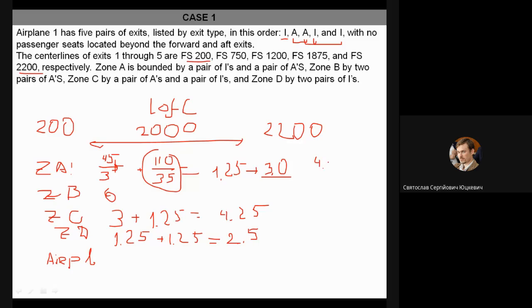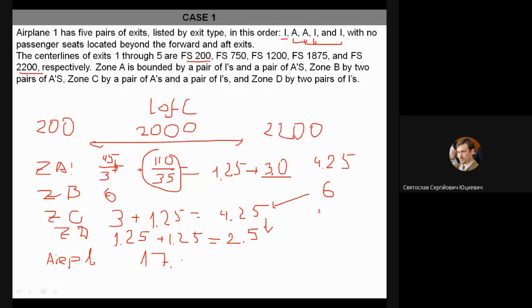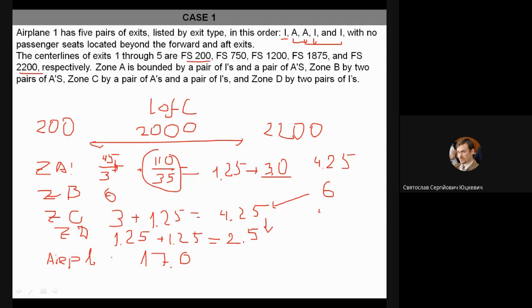It will be 4.25 plus 6 plus 4.25 plus 2.5. It will be 17. The total exit unit for the A-plane is 17.